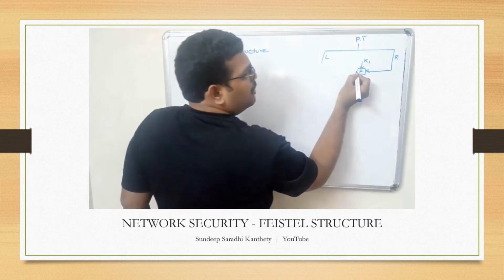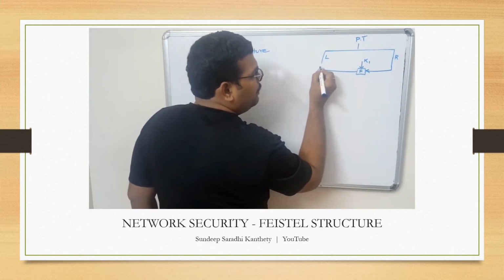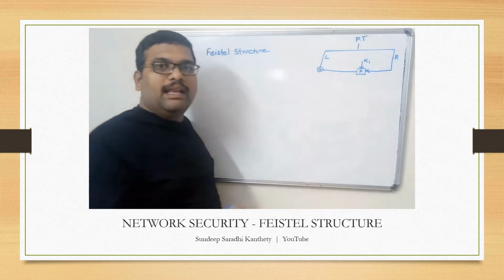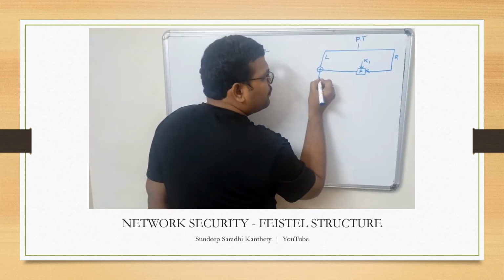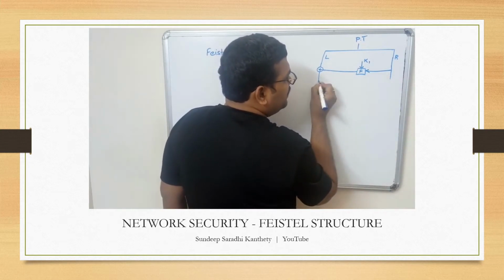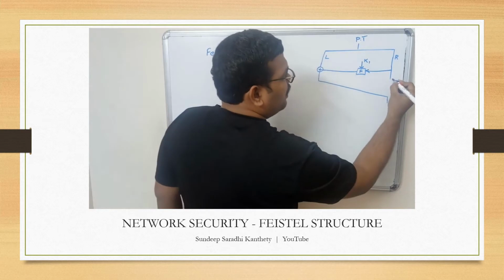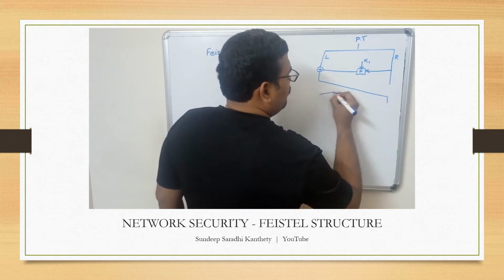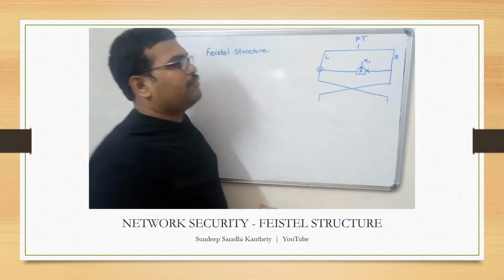And the output from this function will be XORed with the left half, and the output from this left half and this right half will be swapped. So that means the left half will be stored in the rightmost bits, and similarly the right half will be saved in the leftmost bits.